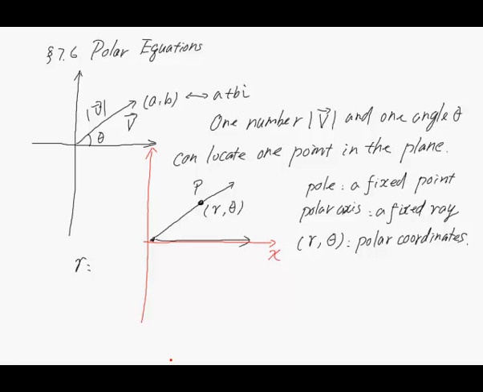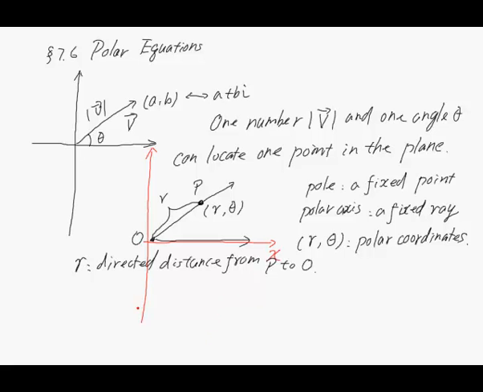So this r is the directed distance from this point P to this pole, to this origin. So this r is here. And it's called the directed distance, right? Let me call this pole O. So directed distance from P to O. And since it's directed distance, it can be positive or negative.